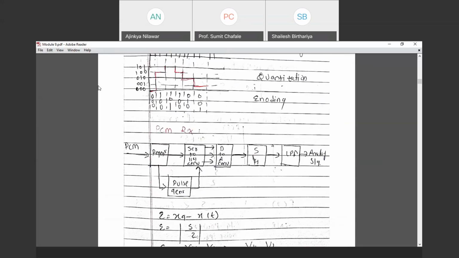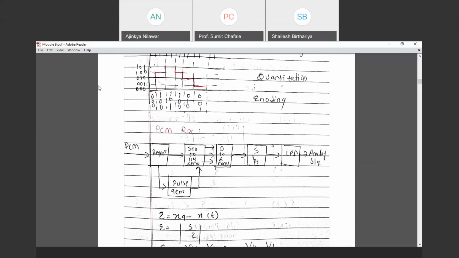So up till now we have covered the PCM transmitter and PCM receiver. What are the basic steps involved in PCM? Sampling, quantization, encoding. After sampling we use quantization, with Q equal to 2 raised to n. Depending on n, the quantization levels are determined, and encoding also depends on this n.